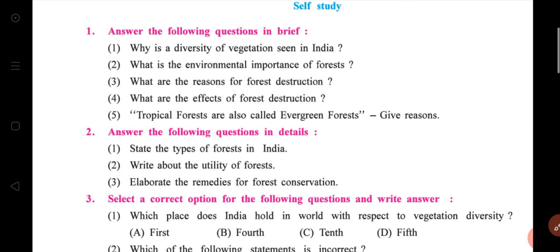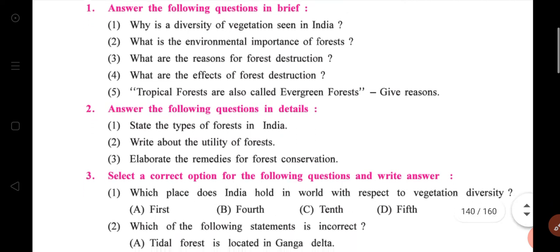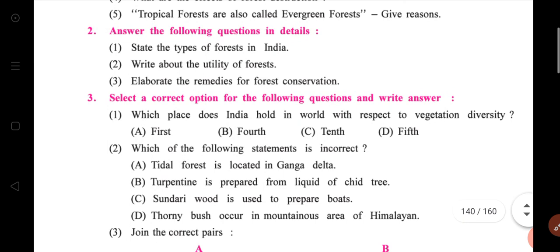First and fifth, because second, third, and fourth you have already done in homework. So now you need to write the first and fifth in brief. Then in the detailed questions, utility and remedies for the forest. Second and third, types of forest, you don't need to write because you have written them in your homework already.